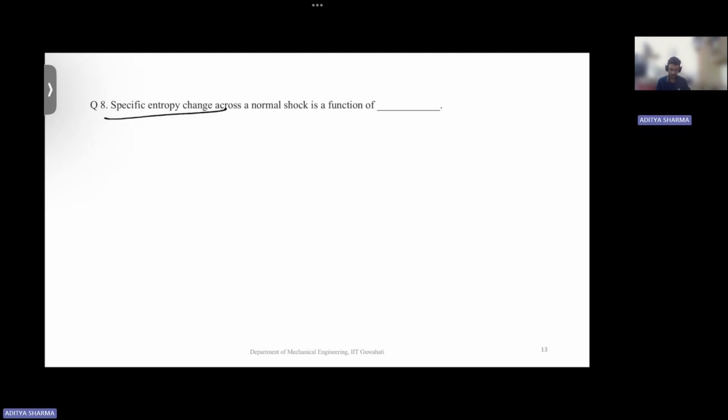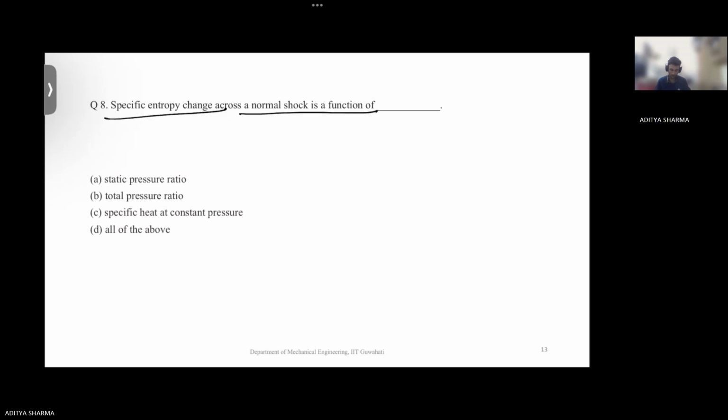So specific entropy change across a normal shock is a function of static pressure ratio, total pressure ratio, specific heat, all of the above.